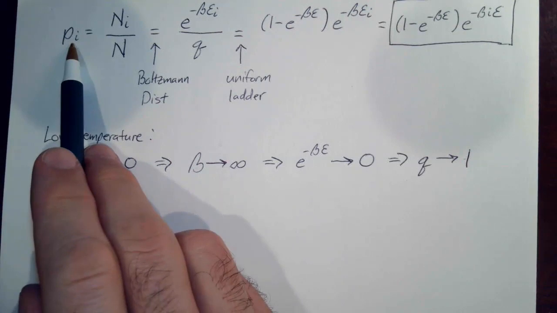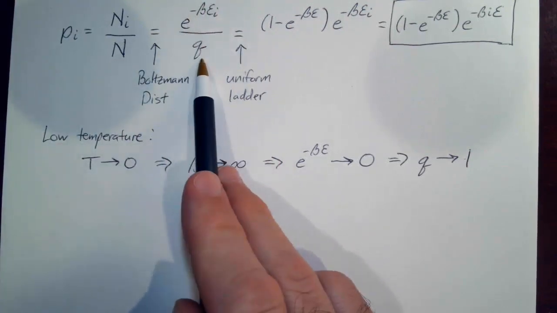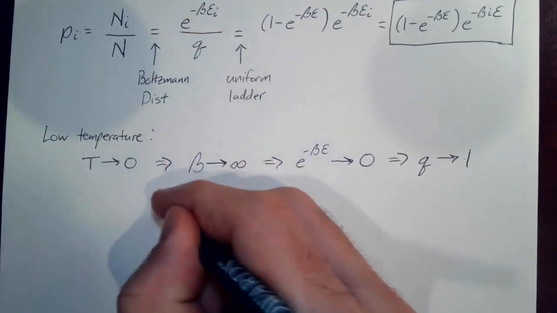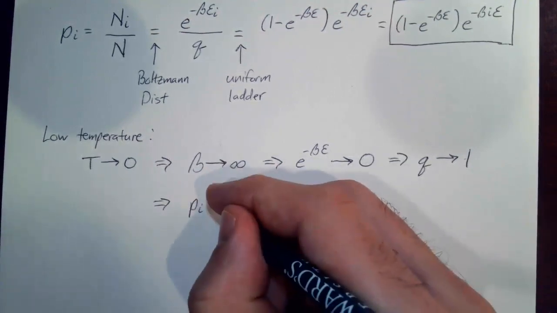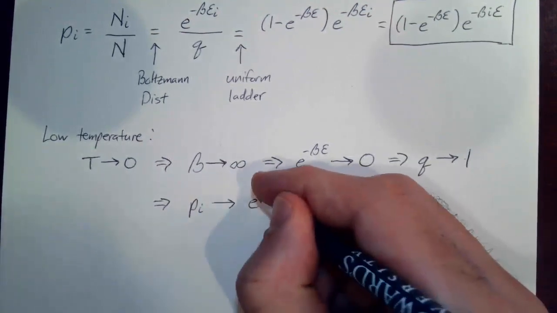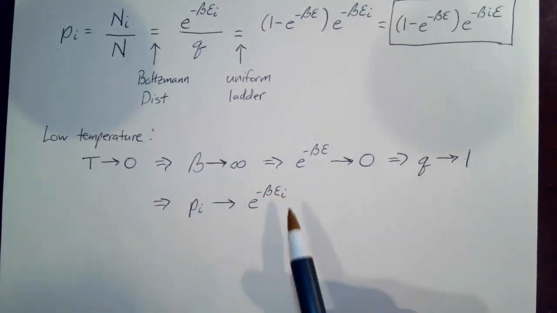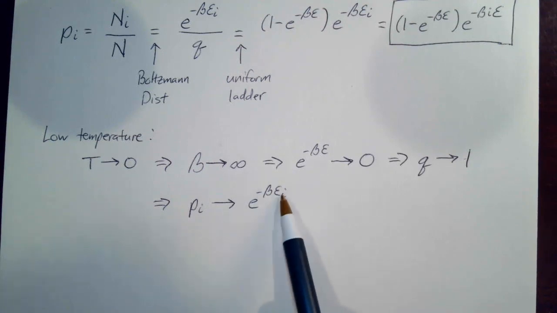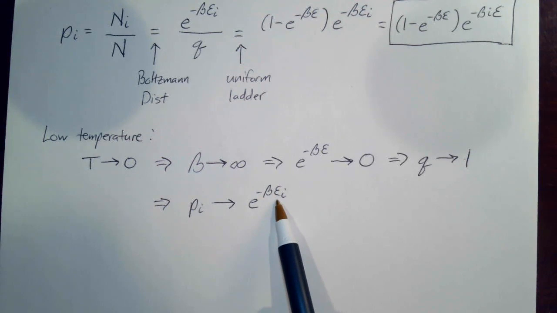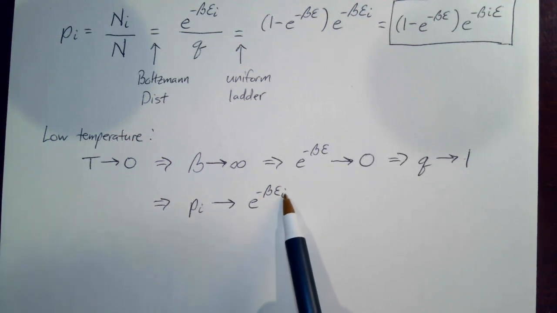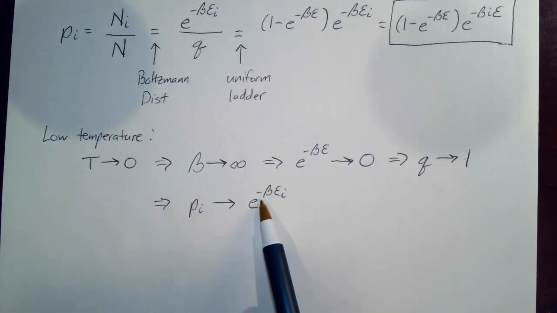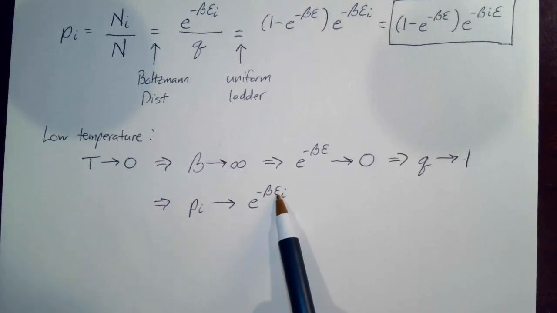Which means that p_i is just going to be this over 1. Okay, so p_i approaches e to the minus beta epsilon i. And so from this, we can see that as this energy gets smaller, if we're choosing i such that we're looking at some of the low energy levels, this number is going to be closer to e to the 0.